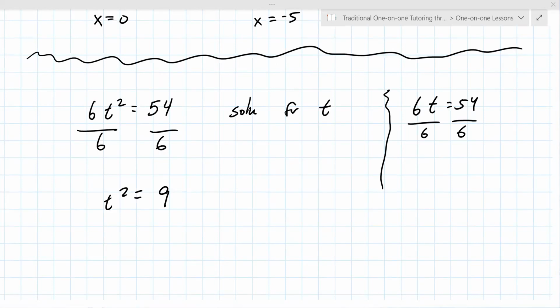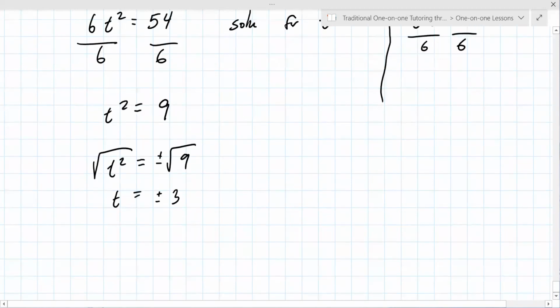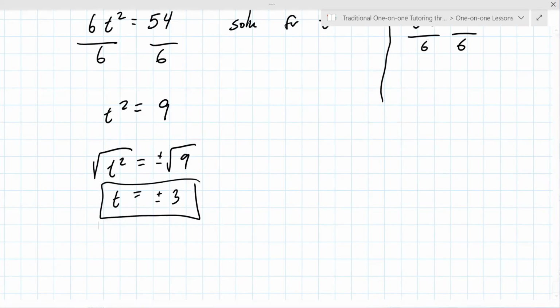When you undo a square, the square goes away. So then t equals plus or minus 9, and then that 9 could be 3, so then plus or minus 3. Yes. And that would be the answer. Equals minus 3 or plus 3. Yes.